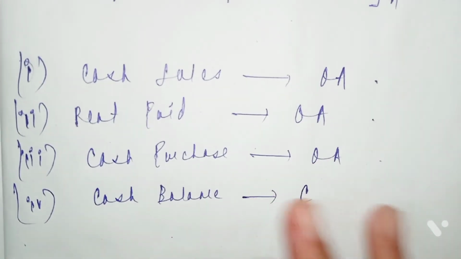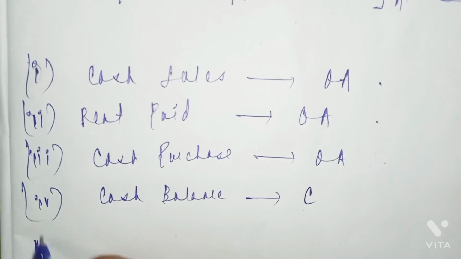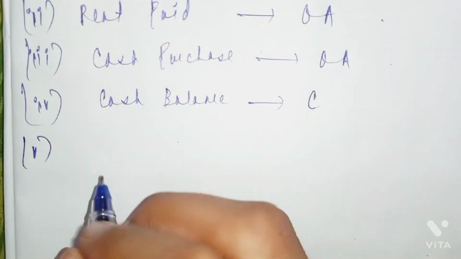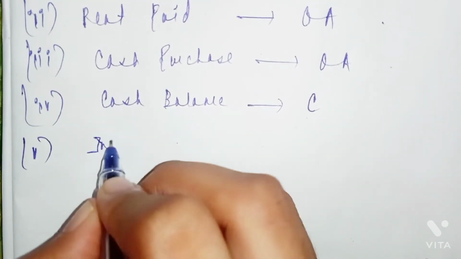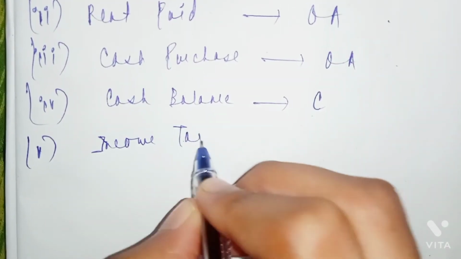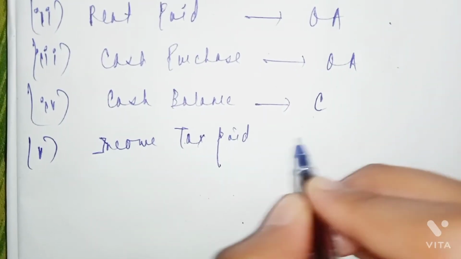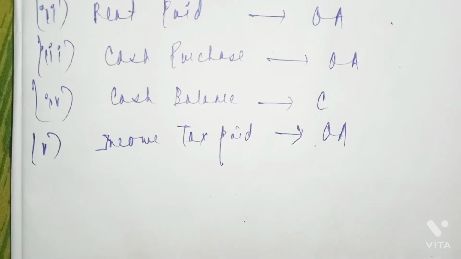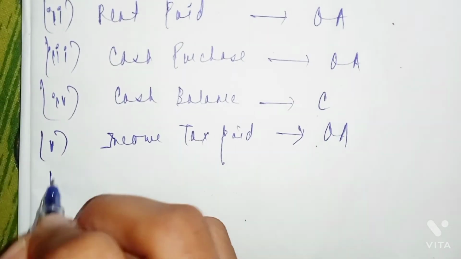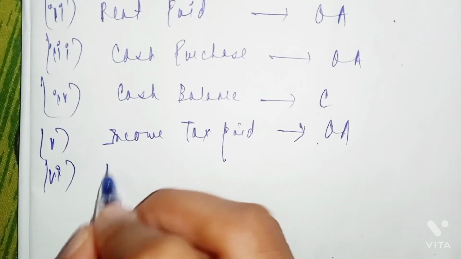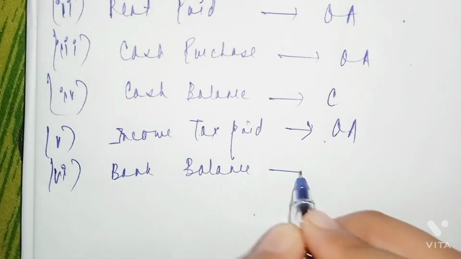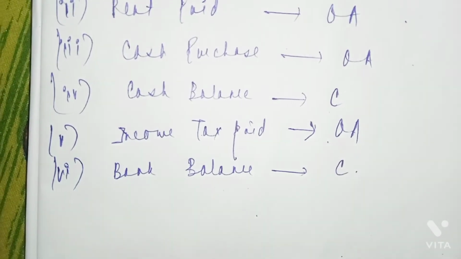I'm just writing here as C. Number 5, income tax paid. It's your operating activity, as we have done in the previous class. Number 6, bank balance. It's a cash or cash equivalent. I'm just writing here as C.